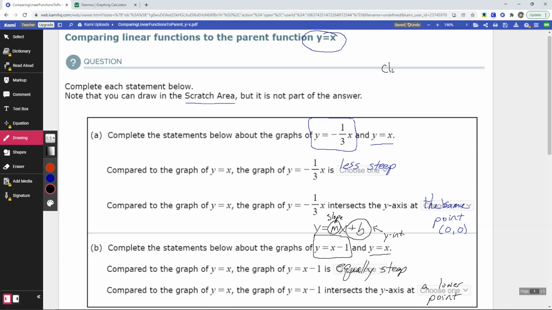The closer a slope is to 0, the less steep it will be.